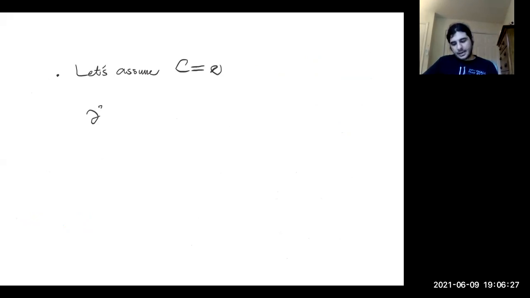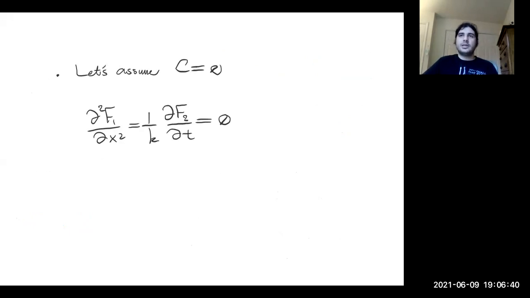So we have the second derivative of f1 with respect to x equal to 1 over k times the derivative of f2 with respect to t, equal to a constant. That constant should be 0, apparently. Well, at least the other case does not work. So if we want to assume w can be written as the sum f1 plus f2, c should be 0. This constant should be 0.